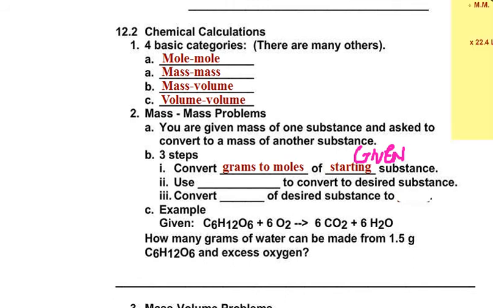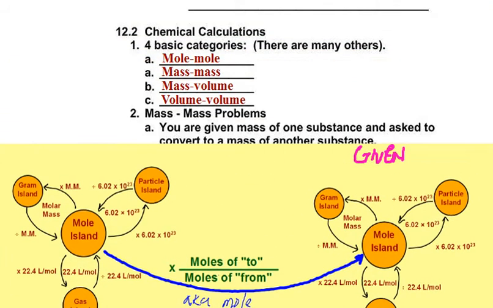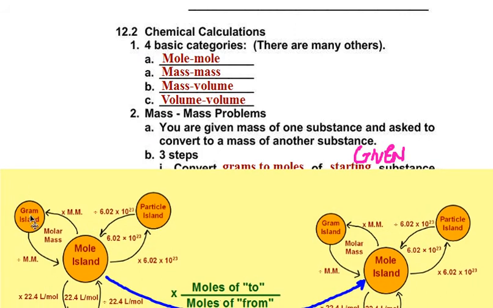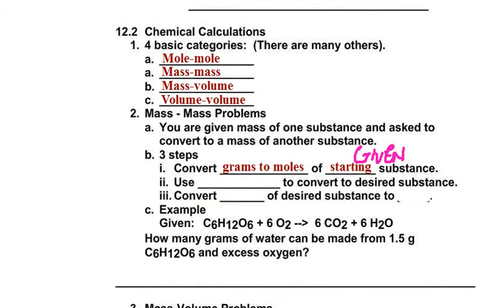This is just back to our mole island, and here's gram island. So if you're given grams, you're planted here on gram island, and you convert to moles by dividing by the molar mass. Dividing by the molar mass is the same thing as multiplying by the reciprocal of the molar mass, which would be 1 over the molar mass. If you are confused on that, go ask your math teacher about what it's like to multiply fractions.